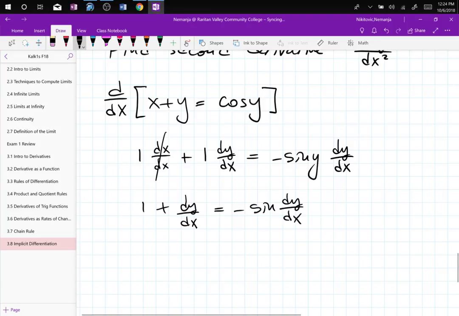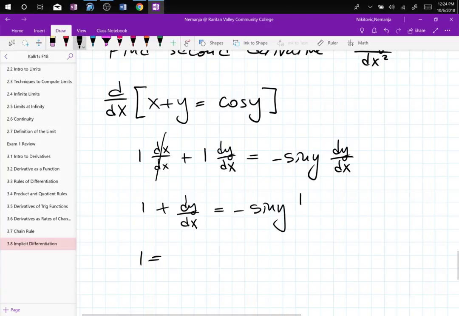Well, we want dy/dx, right? So you move dy/dx to, let's say, the right. 1 equals, oops, I forgot the y over here, so negative sine y dy/dx minus dy/dx. There we go. So now if you factor the dy/dx, you will have negative sine y minus 1.